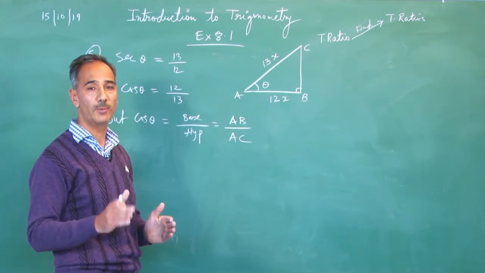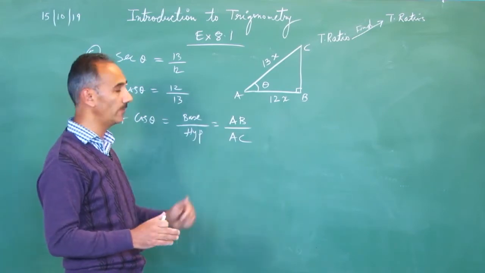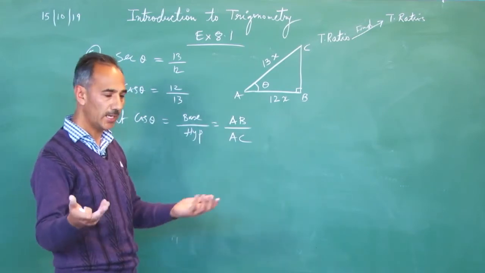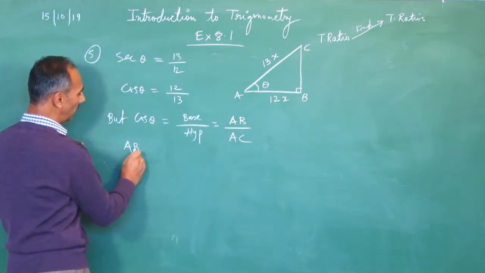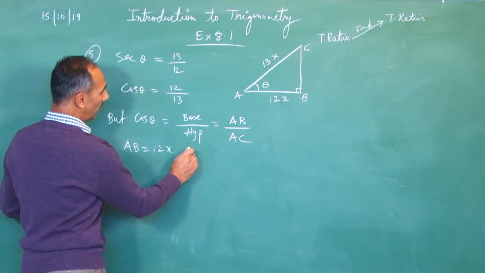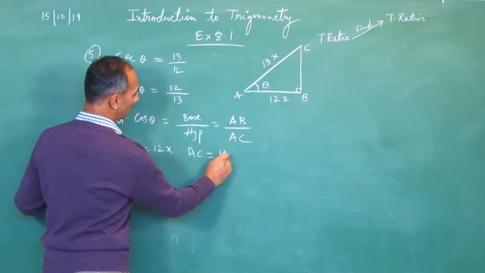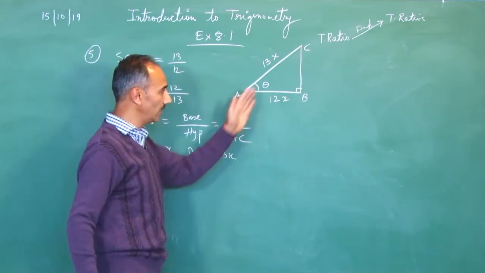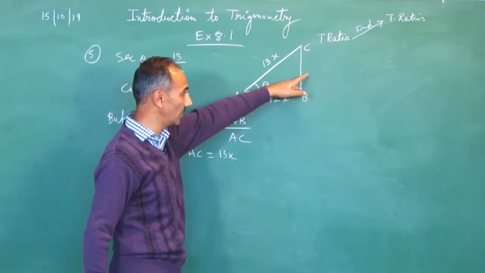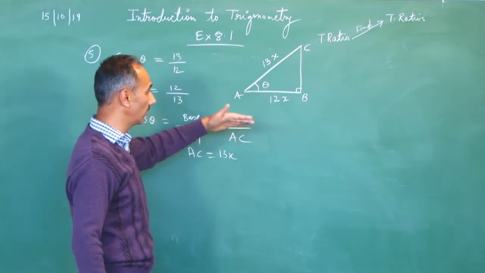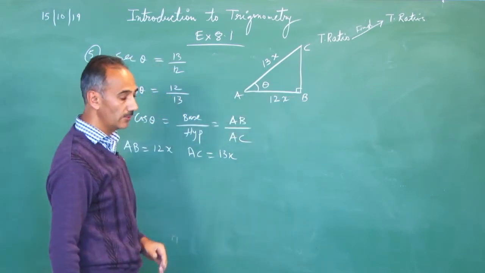We took that common factor as x or k, any letter. So AB is 12x and AC is 13x. You have a right angle triangle, so apply the Pythagorean theorem to find the third side. When you know the third side, you can find all the remaining 5 t ratios.